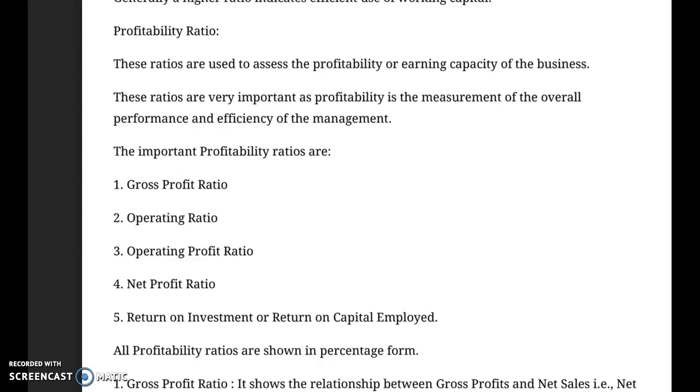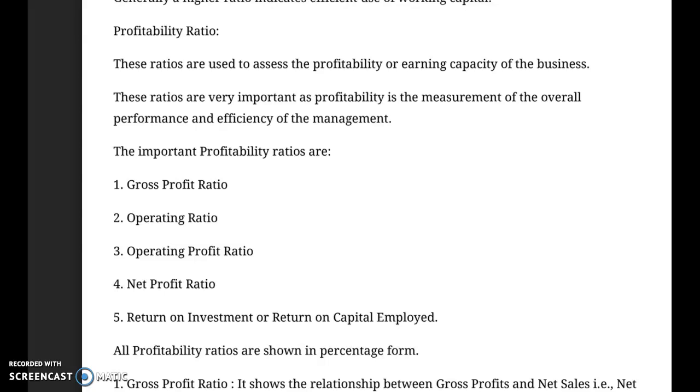In the second category of ratios, that is the activity or turnover ratios, we had learned to calculate four important types of ratios, starting from the inventory turnover ratio, debtors or receivable turnover ratio, creditors or trade payables turnover ratio, and the working capital turnover ratio. We had also learned how to find out working capital turnover ratio in terms of the activity or turnover ratios.